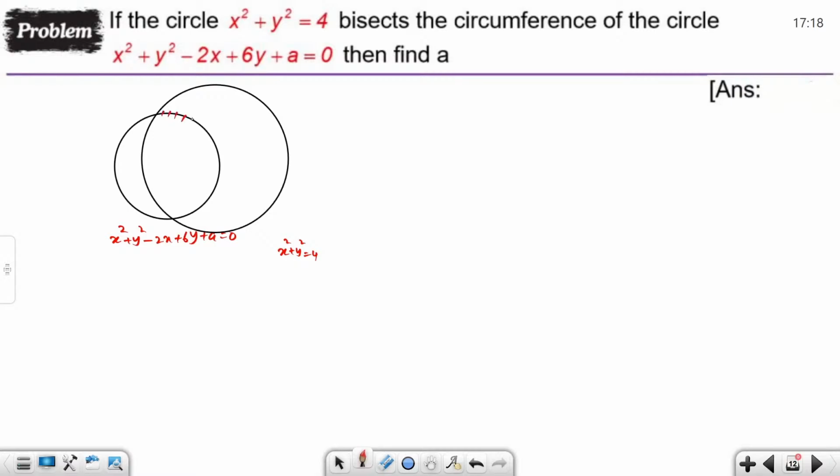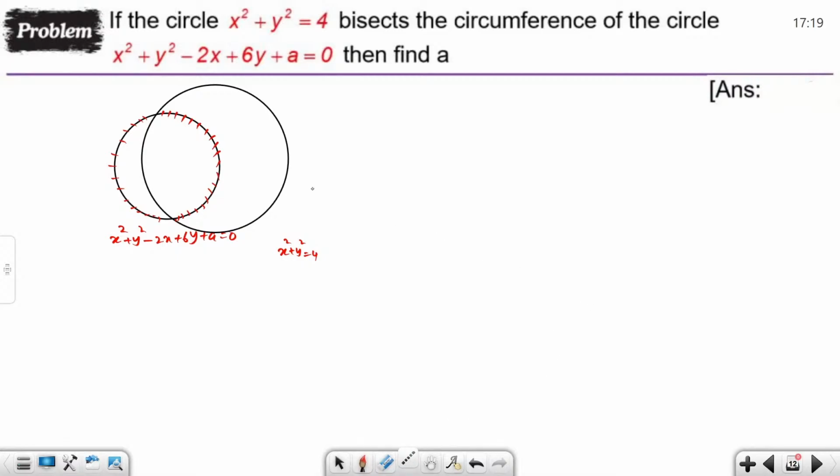Means this portion and this portion, they are same. Okay? So x square plus y square equals 4 is bisecting the given circle. Now can you tell me when this thing is possible?